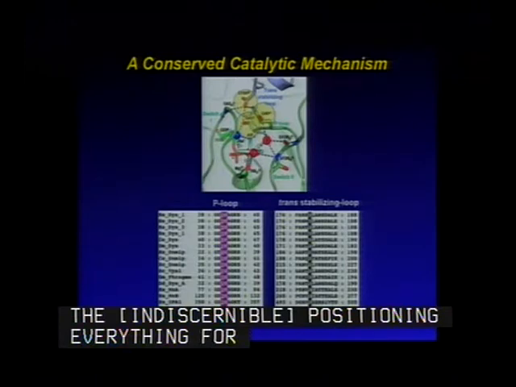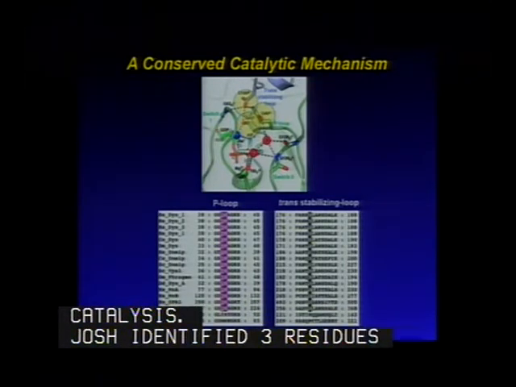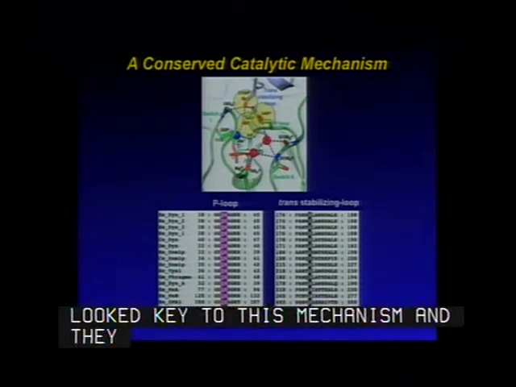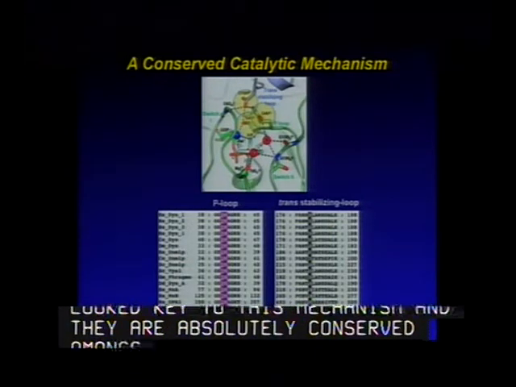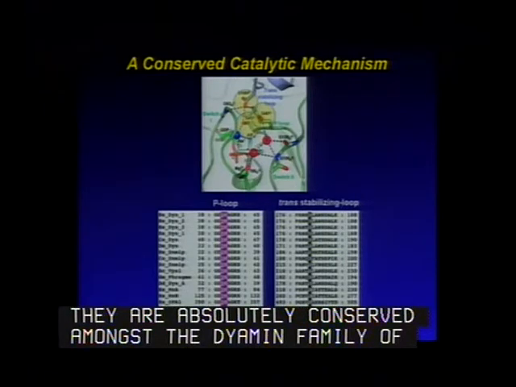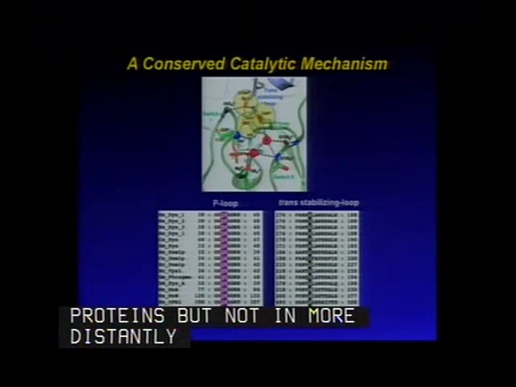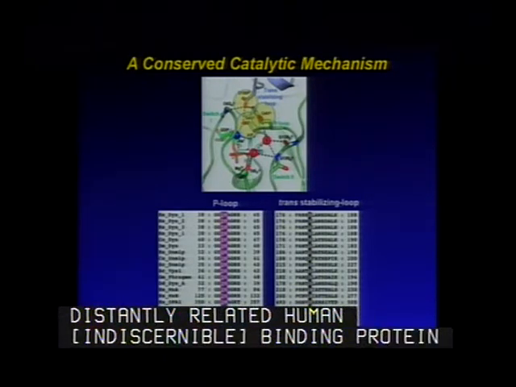Josh identified 3 residues that look key to this mechanism for assembly-stimulated GTPase activity, and they are absolutely conserved amongst the dynamin family of proteins, but not in more distantly related human guanosine-binding proteins or the bacterial dynamin-like proteins.